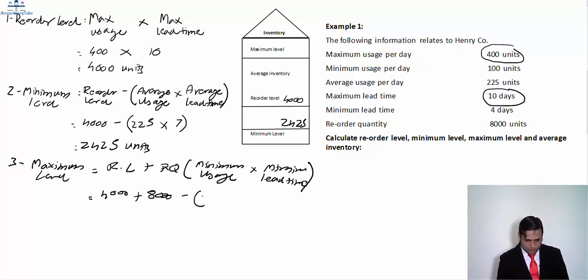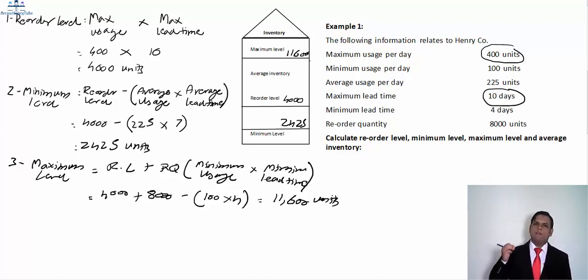Then we got 100 multiplied by 4. As per the formula, minimum usage is 100 and minimum lead time is 4 days, which gives us 11,600 units. We got a maximum level of 11,600.